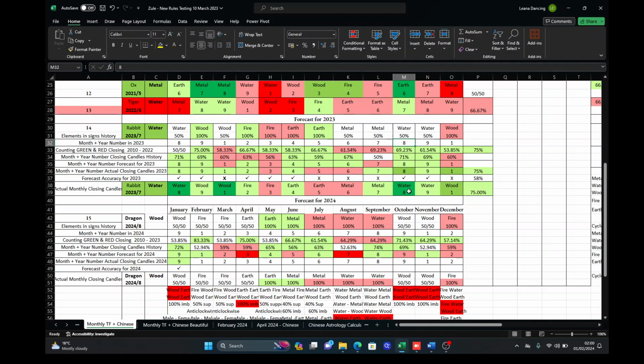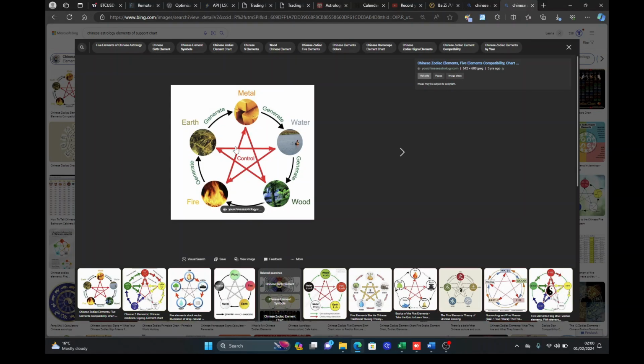Moving on to March, we have fire element again in March, which is very compatible with the yearly elements of wood and earth. Let me show you where those elements are. So here is wood and earth, which are highly incompatible. These arrows show that they're in a destructive relationship with each other.